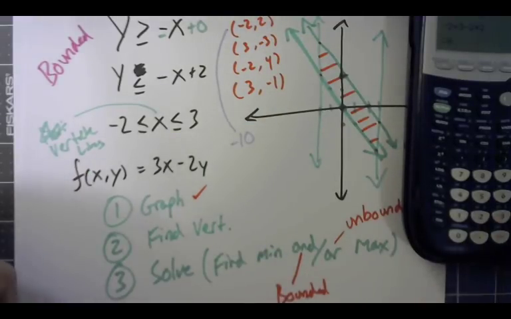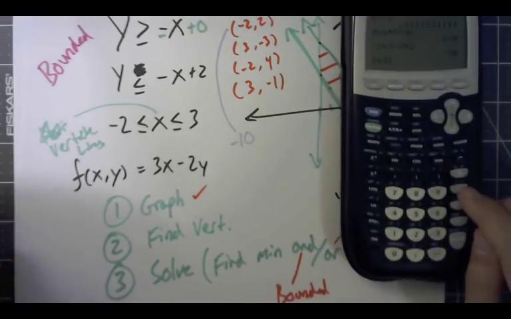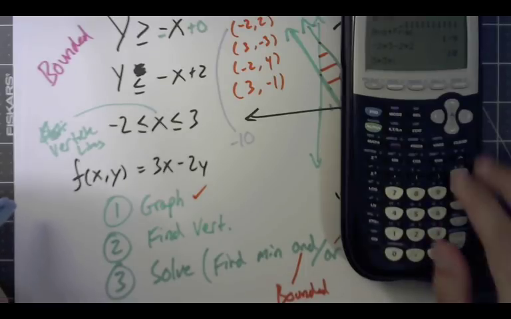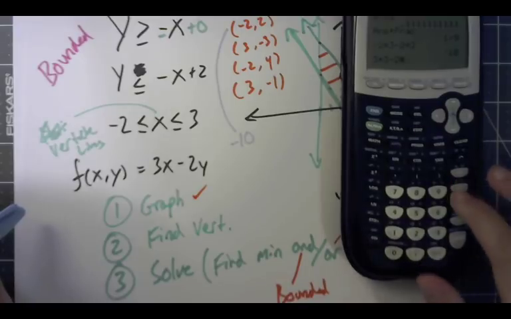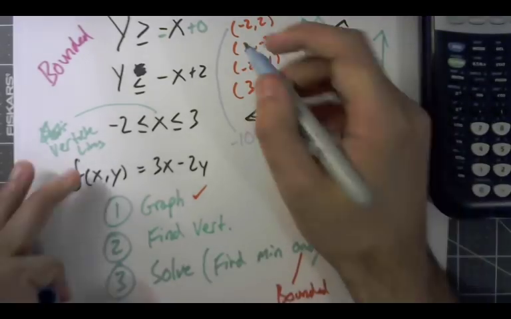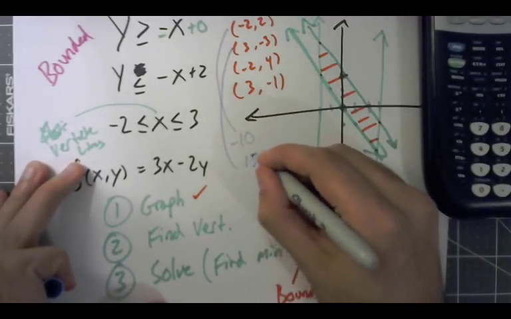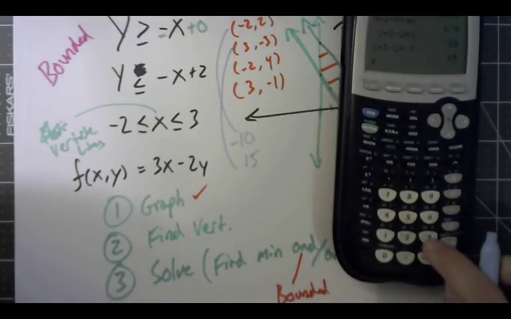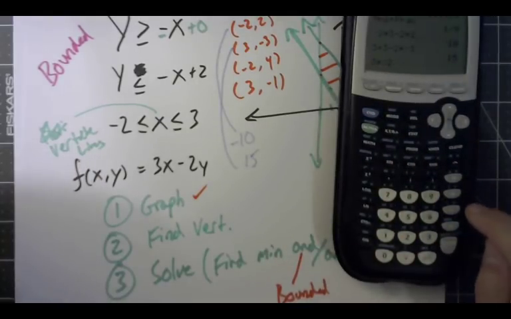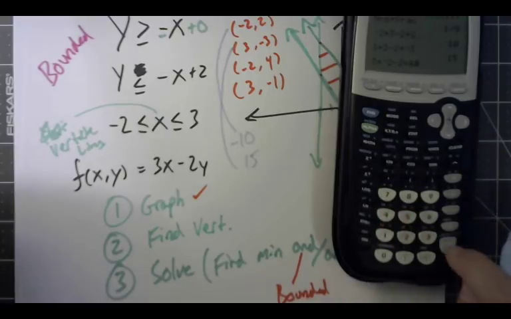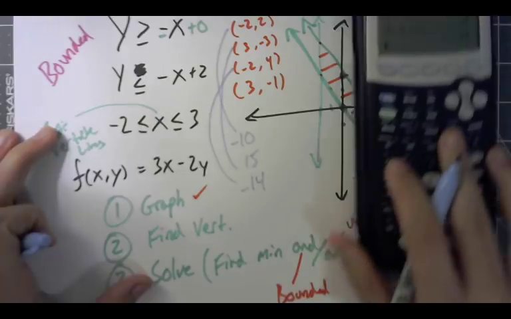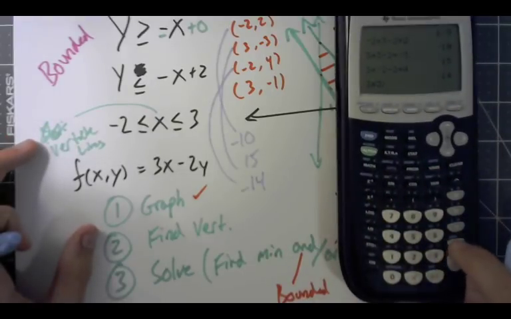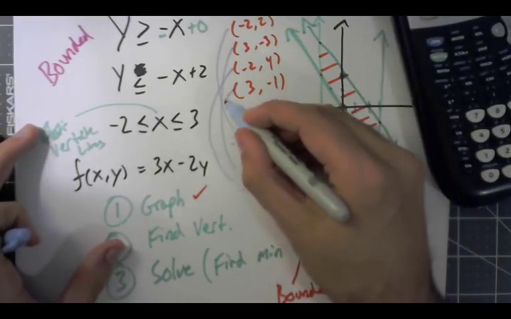Okay, 3 times 3 minus 2, that gives me 15. 3 times -2 minus 2 times 4, that gives me -14. And lastly, 3 times 3 minus 2 times -1. That's 11.